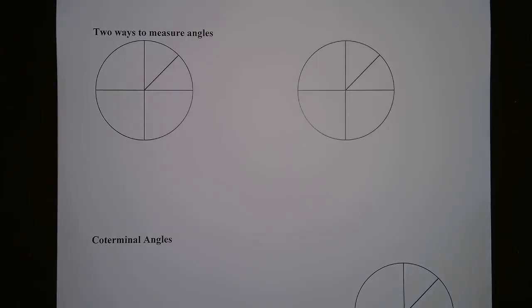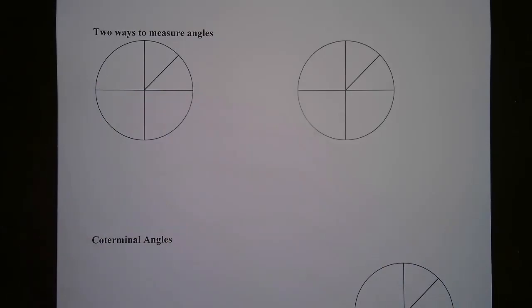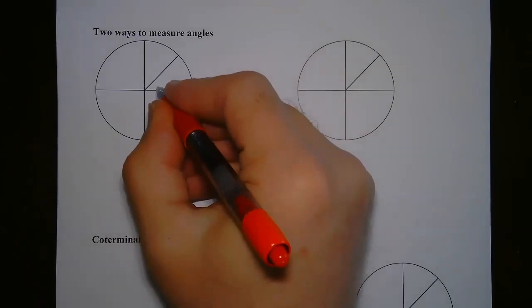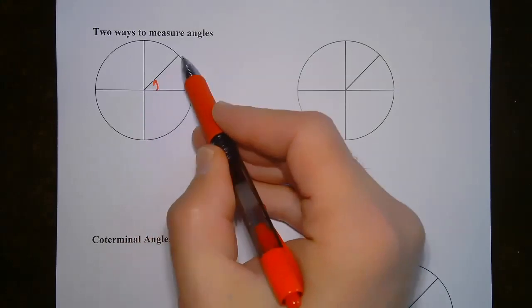We can measure angles two different ways, one with positive angles and one with negative angles. The sign of your angle tells you the direction in which you rotate. If we're rotating counterclockwise, remember this is the initial side and this would be the terminal side.